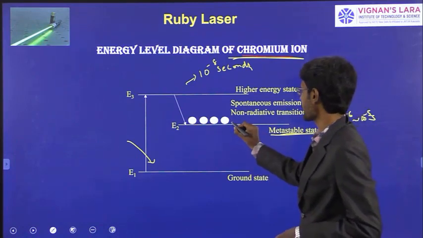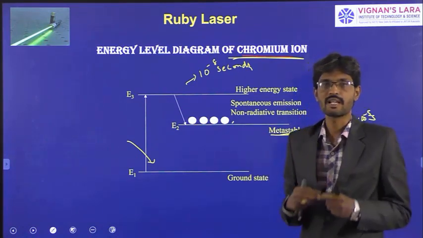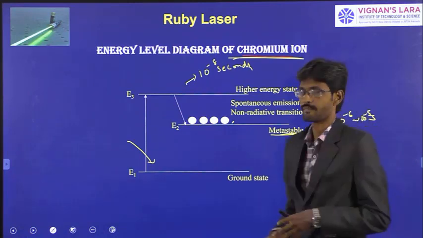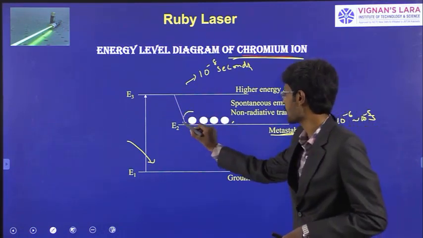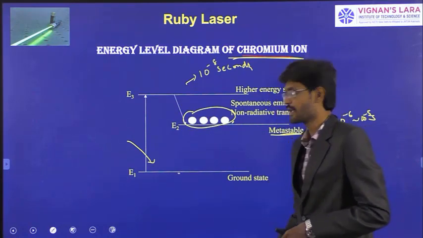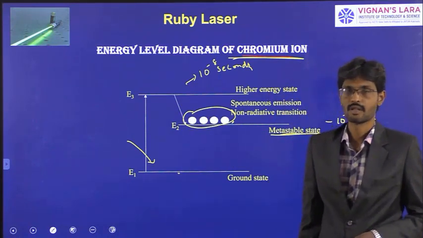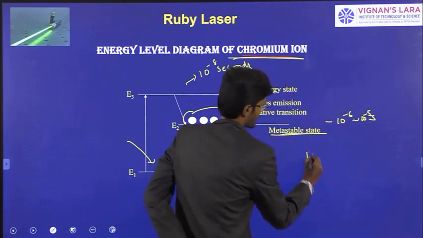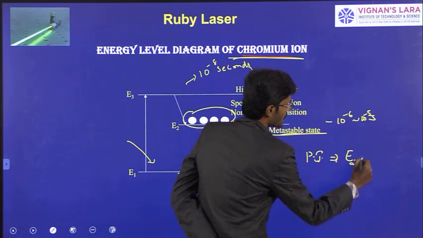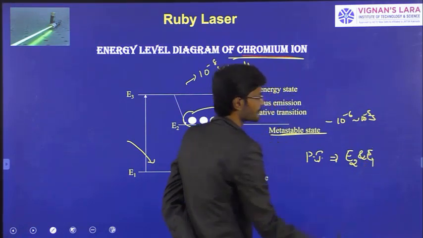As the chromium ions accumulate at E2, we get the condition of population inversion between E2 and E1. That means there are more chromium ions in E2 and fewer chromium ions in E1.